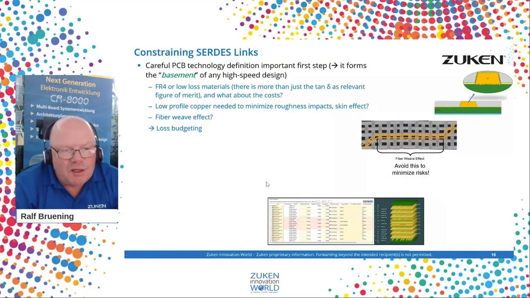We have to do a thing called loss budgeting. Probably, depending on the data rate, we must be in close contact with our PCB manufacturer. Do we have proper distribution within the epoxy material of glass and resin? Or do we get a fiber weave effect as depicted by this picture?